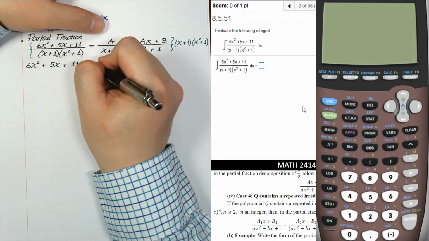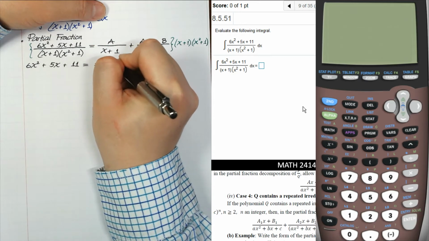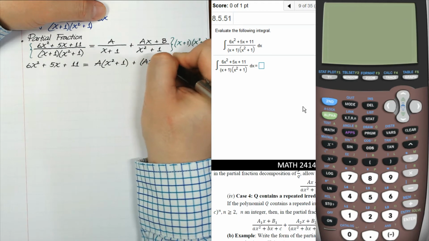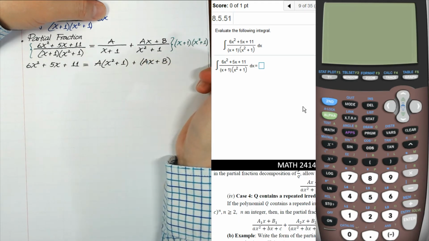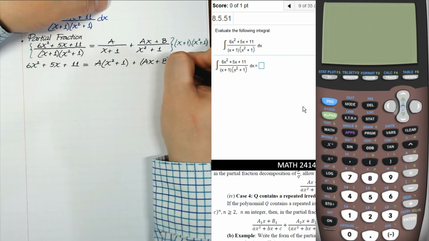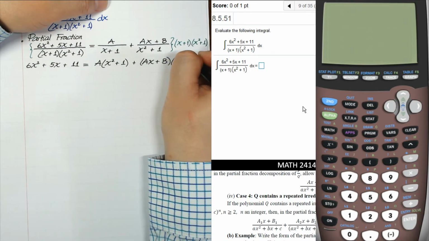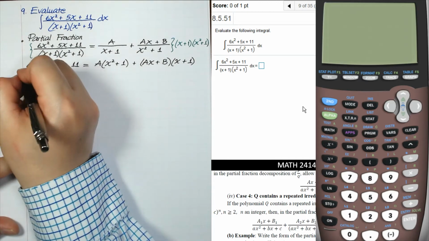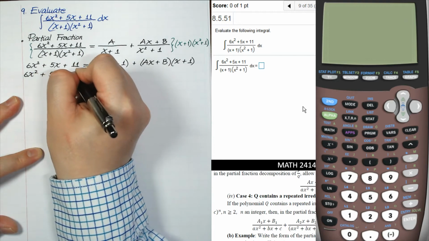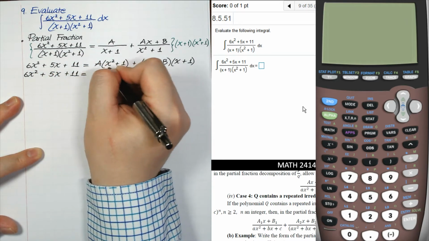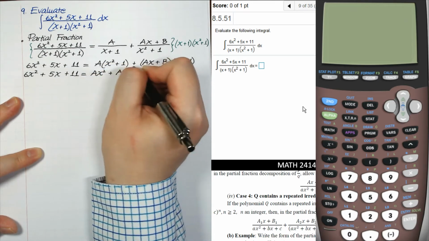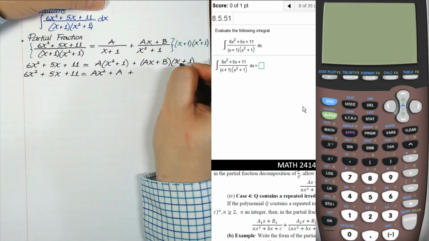X plus 1 cancels out, and x squared plus 1 cancels out. Right, multiply it out. 6x squared plus 5x plus 11 equals Ax squared plus A.